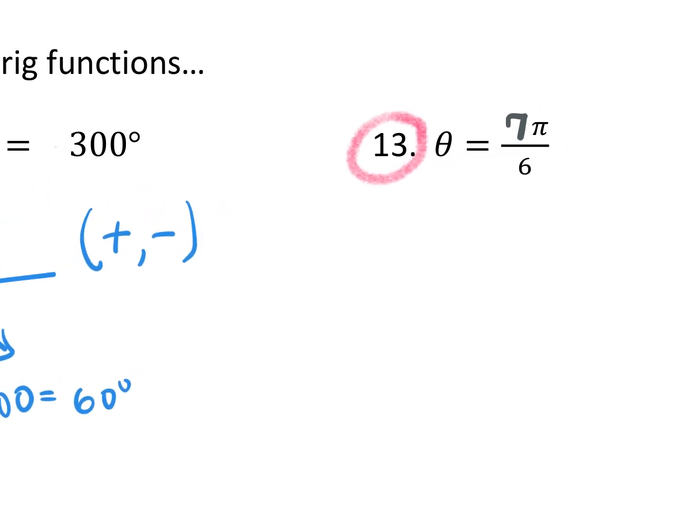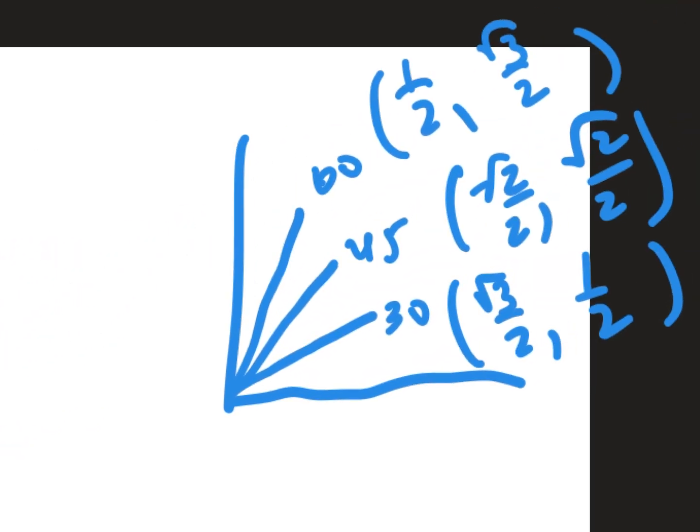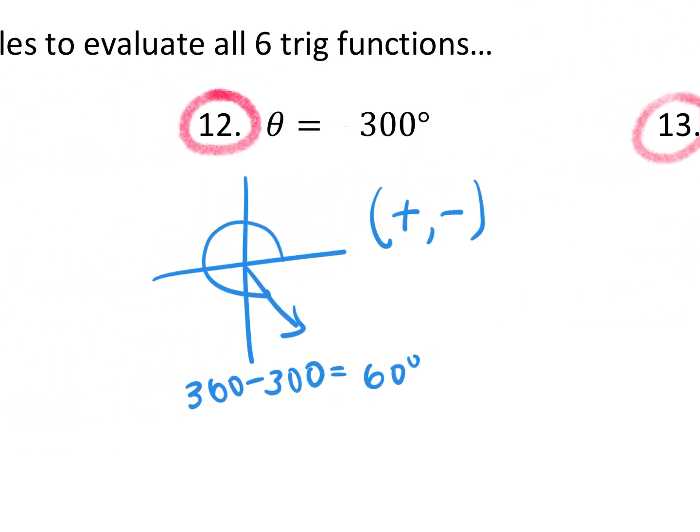Well, what's the ordered pair at 60 degrees? 1/2 and square root of 3 over 2. But since we're in the fourth quadrant, what do you have to do to the root 3 over 2? It's actually negative. Now you just take this and you say, okay, what are the trig functions? Well, think about this.